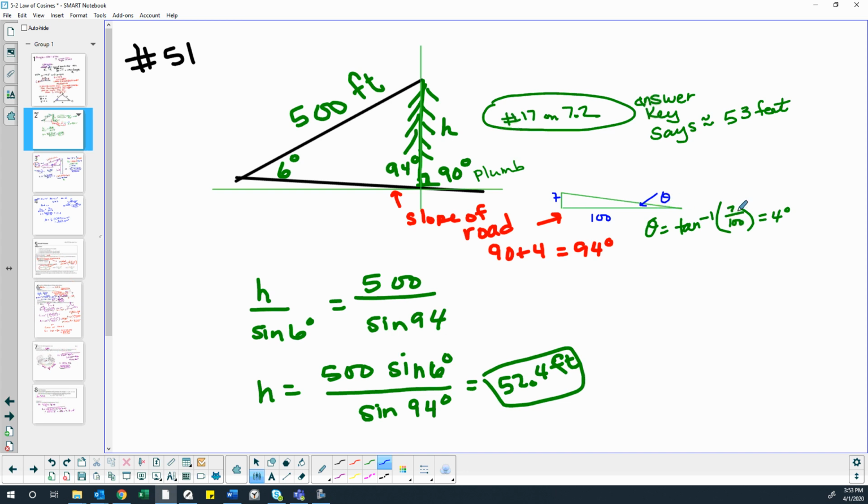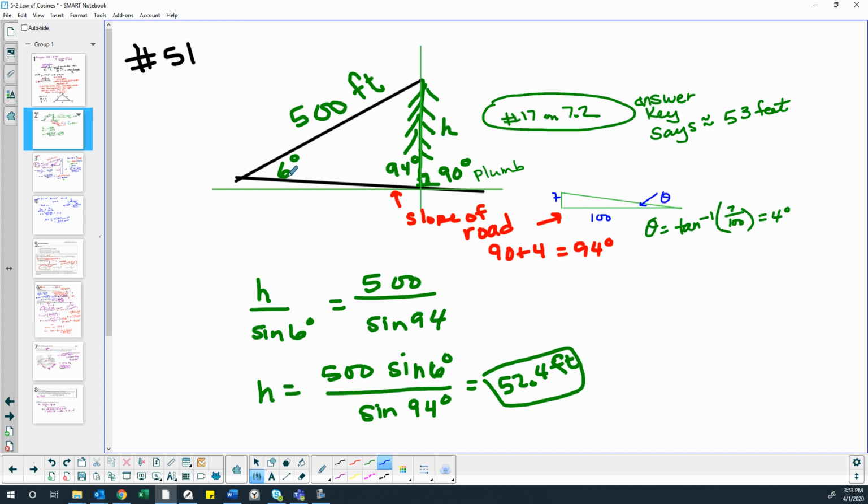Using those two numbers, 7 over 100, we find that the angle of inclination would be 4 degrees. So that would be that angle right in there. Together with the 90-degree angle, that would make this angle 94 total.